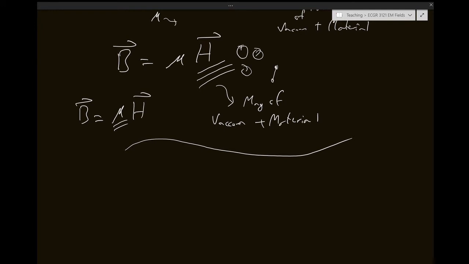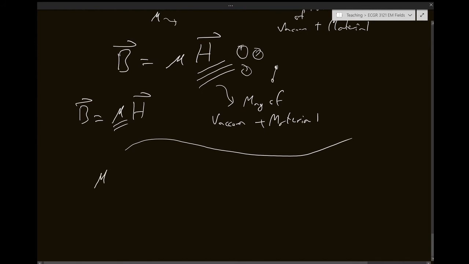So now we can use this constant, the permeability, to classify different kinds of magnetic materials.